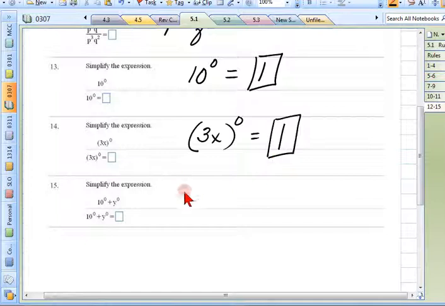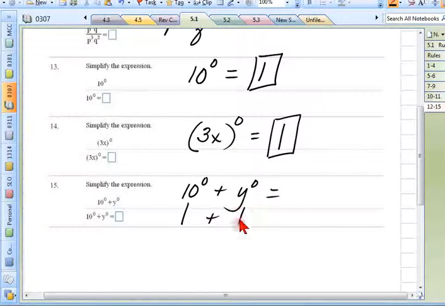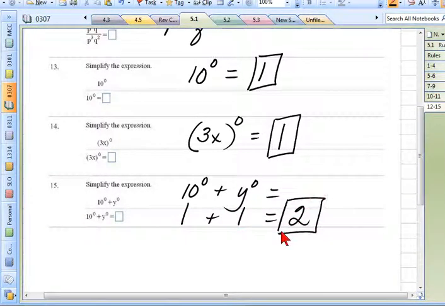All right, number 15. 10 to the 0 plus y to the 0. Pardon? Okay, it is 1 plus 1, which is 2. I thought I heard somebody say 7, and I was getting curious. So you don't pay attention to the number because it's in the parentheses, right? Like the one before that.